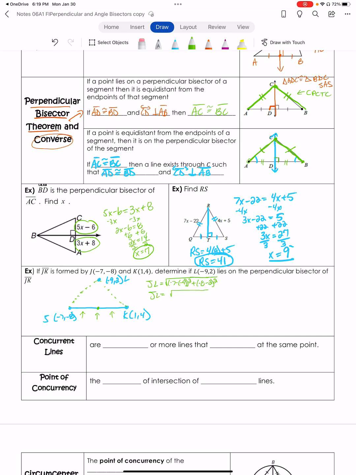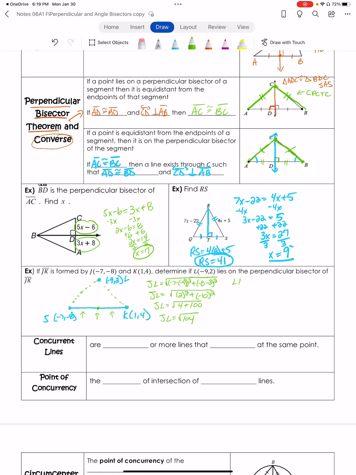So JL is equal to the square root of 2 squared plus (-10) squared. JL is equal to the square root of 4 plus 100. Distance from J to L is the square root of 104.